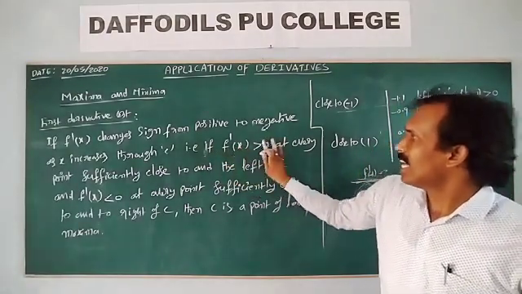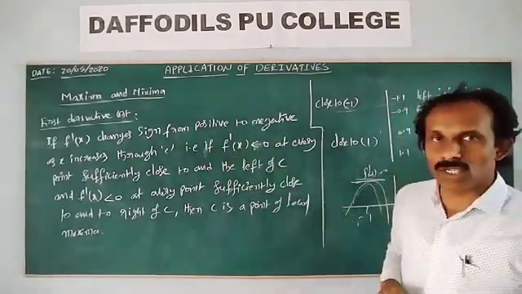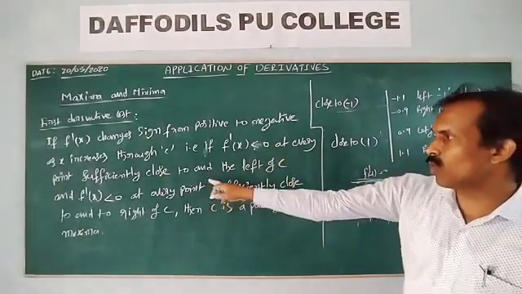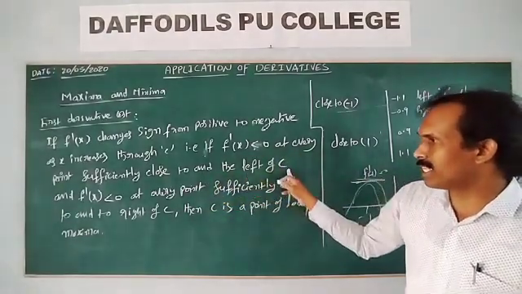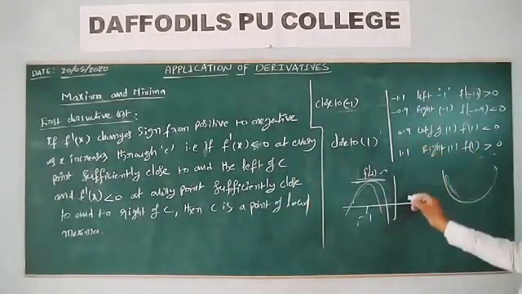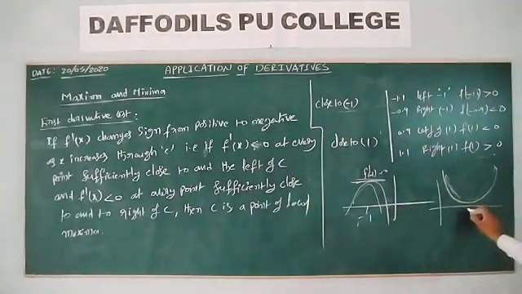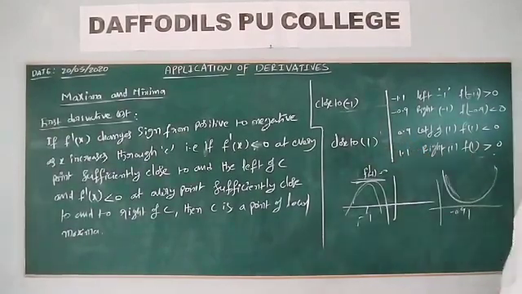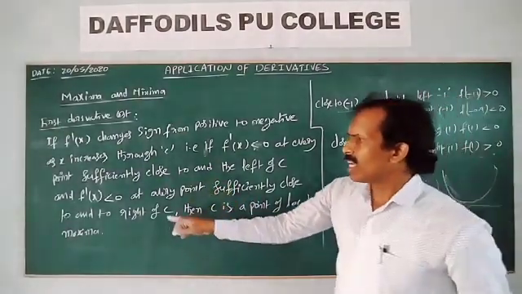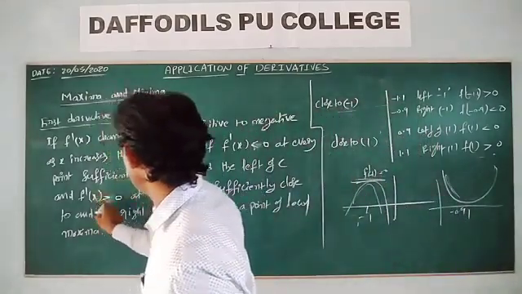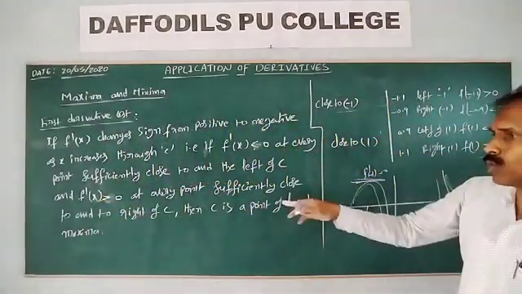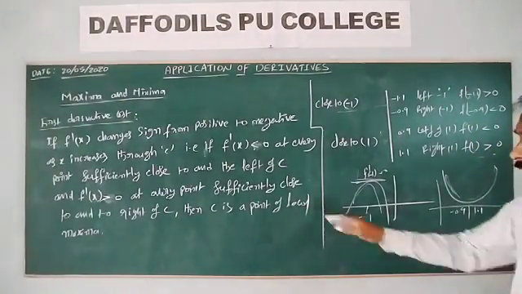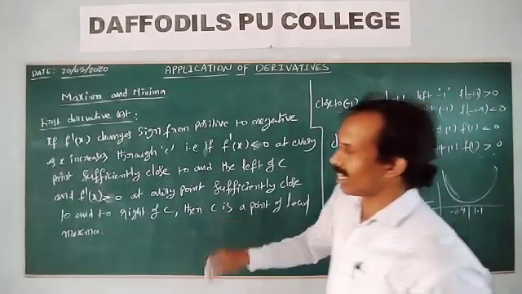If f dash x is less than 0 at every point sufficiently close to and to the left of c, left of 1 is nothing but 0.9, and f dash x greater than 0 at every point sufficiently close to and to the right of c, which means 1.1, then c is a point of local minimum.